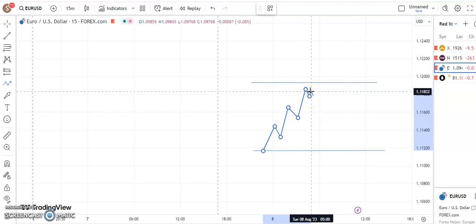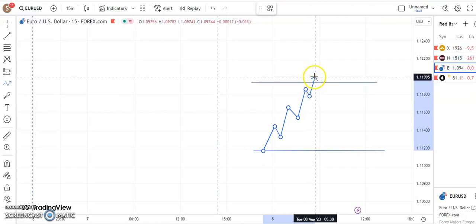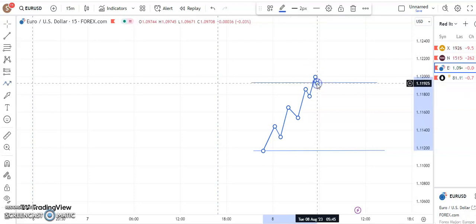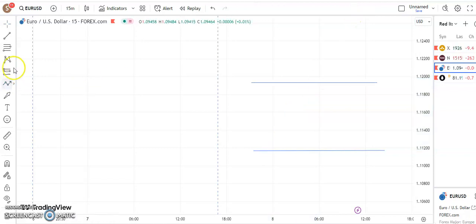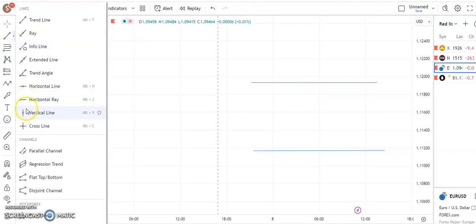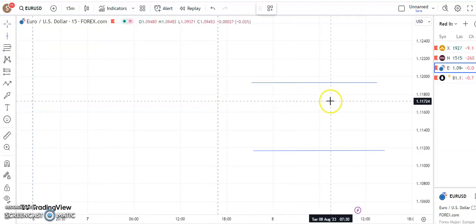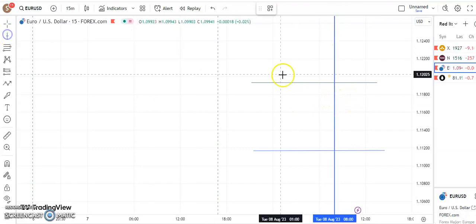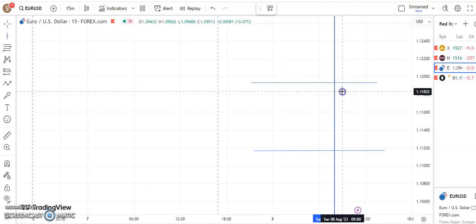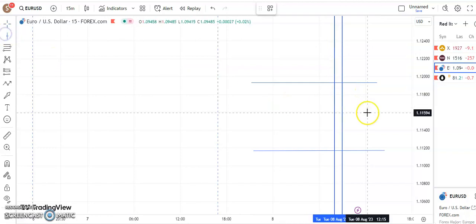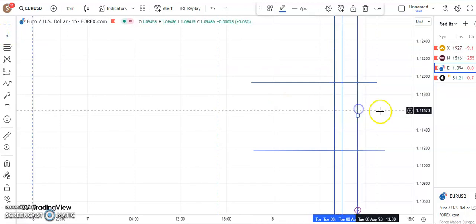And then breaks out of the high of the session. So I want you to break down your trading window from 8 and then 9 and then 11.